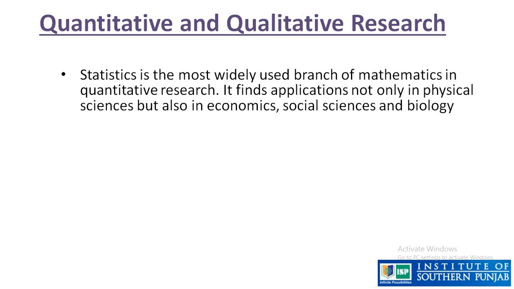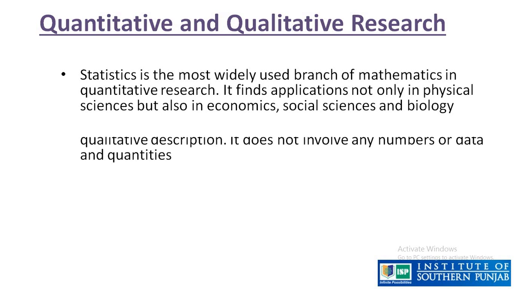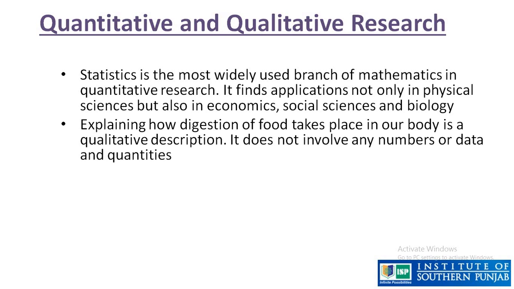Statistics is the most widely used branch of mathematics in quantitative research. It finds applications not only in physical sciences but also in economics, social sciences and biology. This is used in quantitative research. Explaining how digestion of food takes place in our body is a qualitative description.